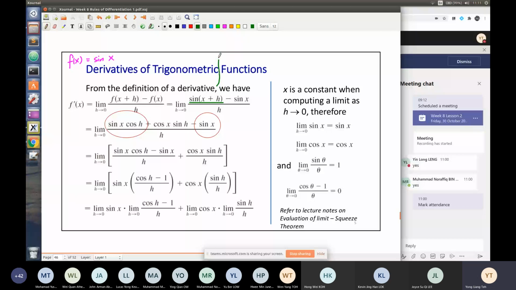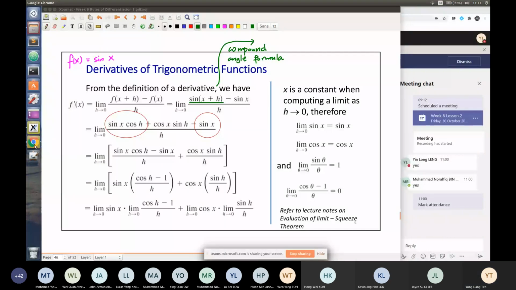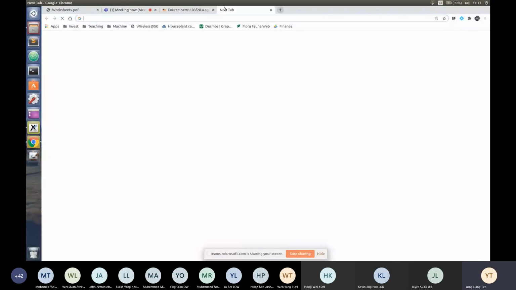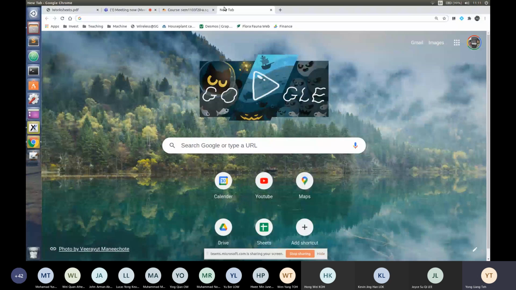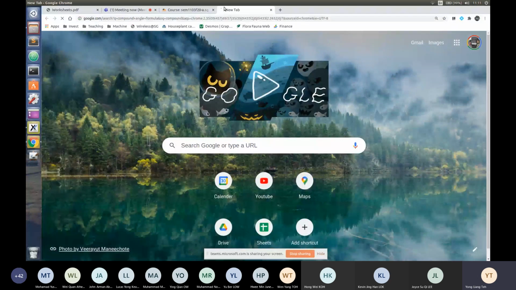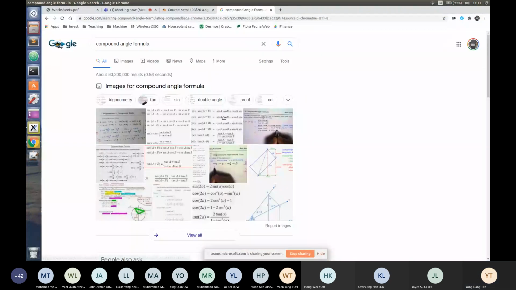I'm going to use the compound, also known as the composite, angle formula. I don't remember the compound angle formula, so I'm just going to Google. Just type compound angle formula. Yeah, this looks pretty nice. Maybe I take this one.